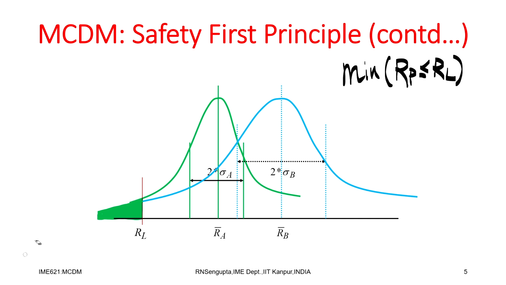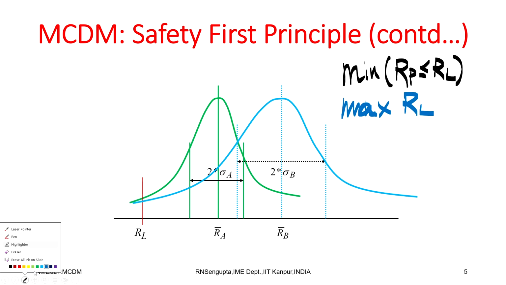Now, if I consider the other two principles, I will use a different color for the safety first principles to be written down. It was minimization max of RL, and the third one was max of RP bar.